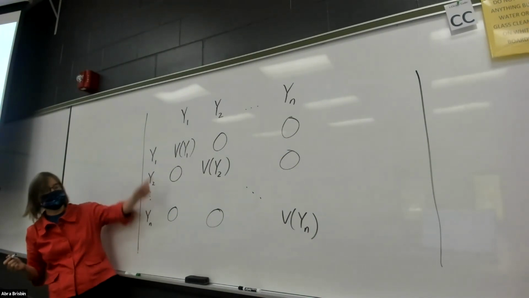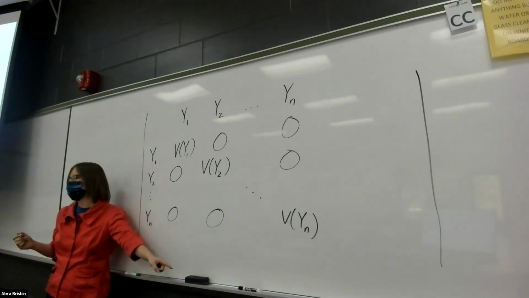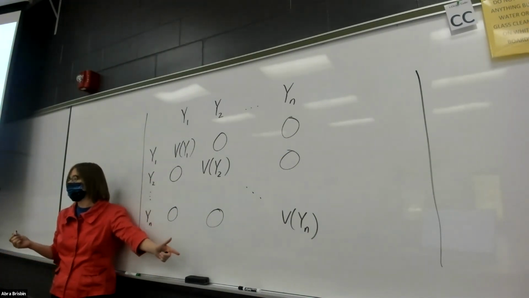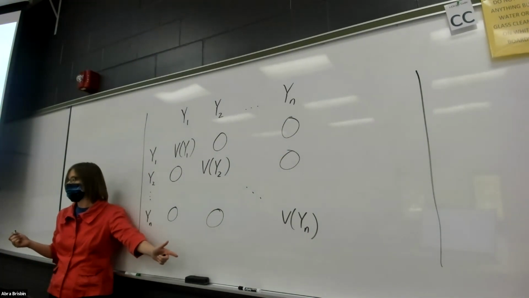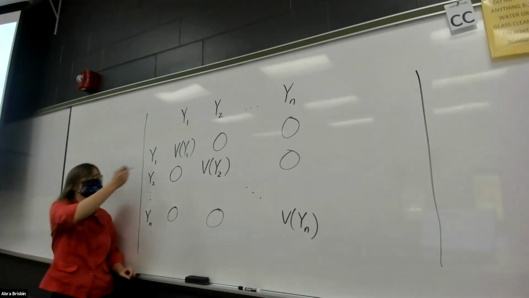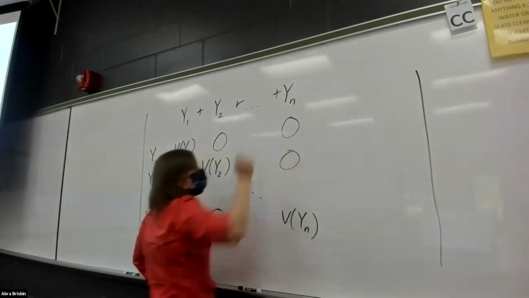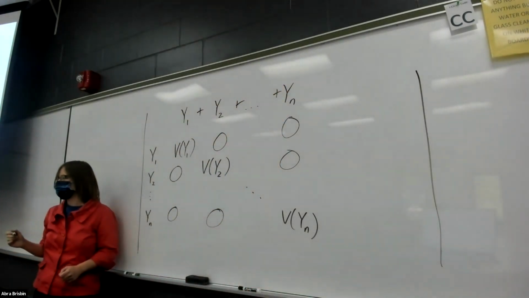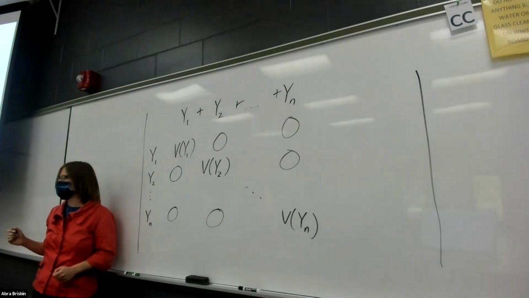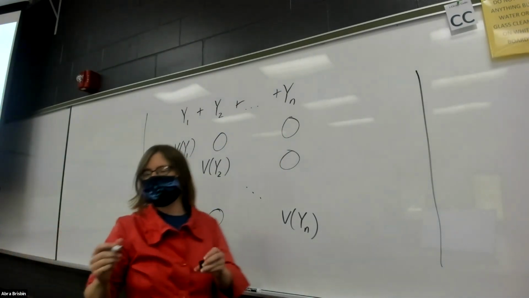So the sum of the entries in this table is the sum of the variances of the y sub i's. That is the variance of the sum of the y sub i's. Questions about that part?